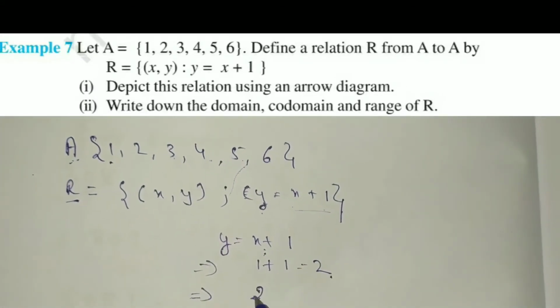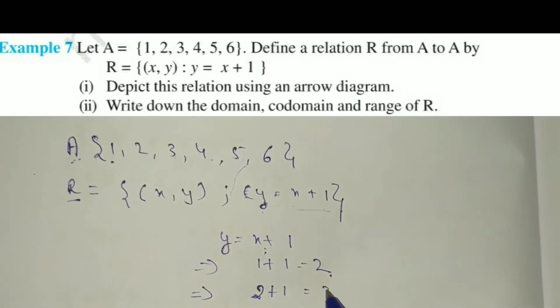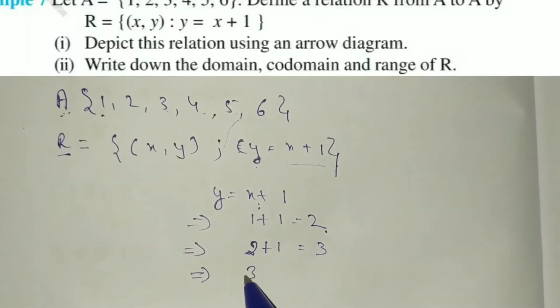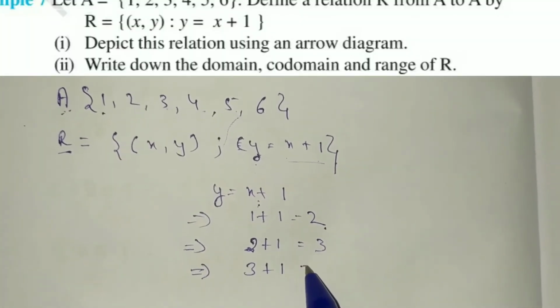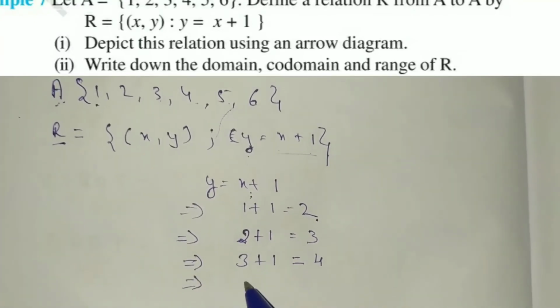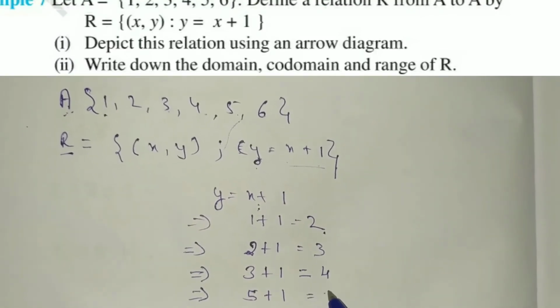If we consider the value of x is 2, then 2 plus 1 is equal to 3. By considering the value of x equal to 3, we will get the value of y equal to 4. By considering the value of x equal to 5, we will get the value of y equal to 6.